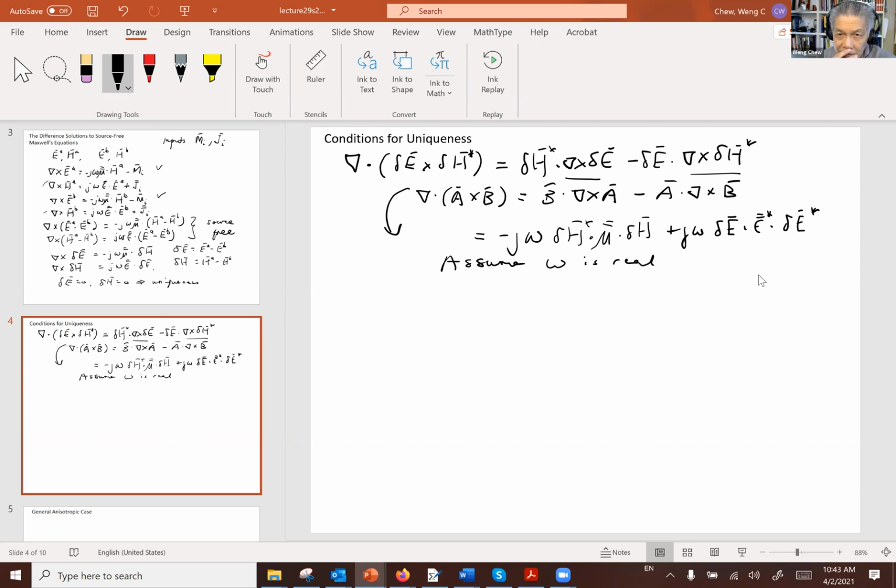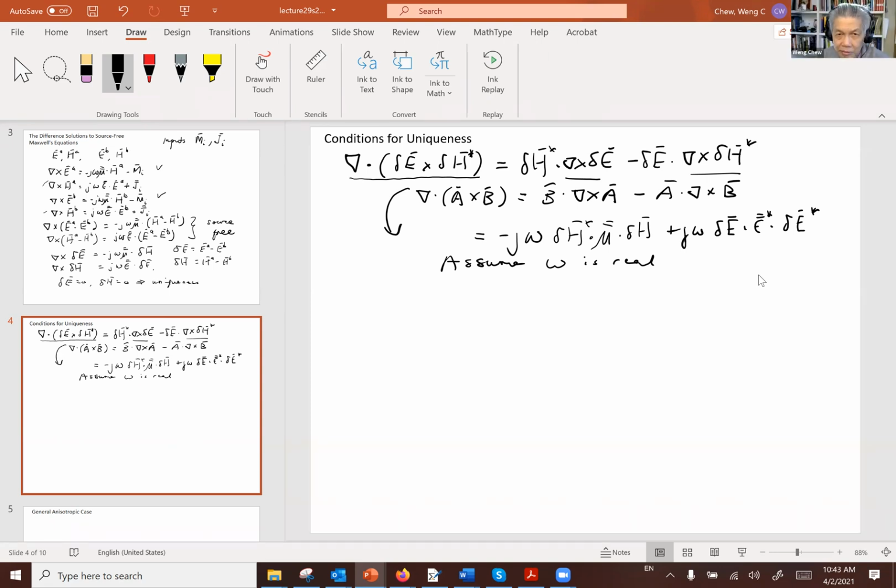Then you see that you can integrate this equation. The left-hand side is a divergence of something. And if you have a divergence of something, and if you integrate over a volume, what does it become? And what theorem can you use to simplify the left-hand side? Anybody?